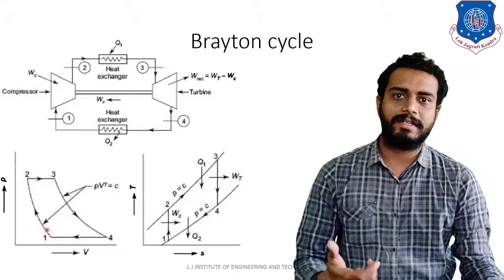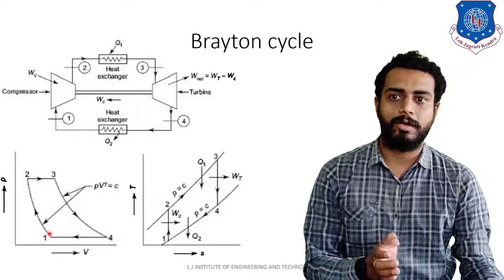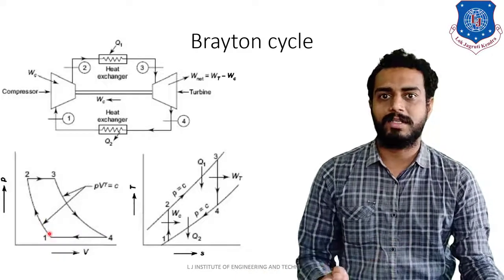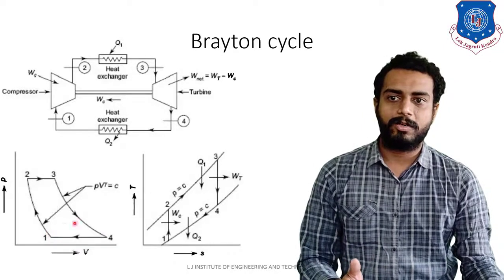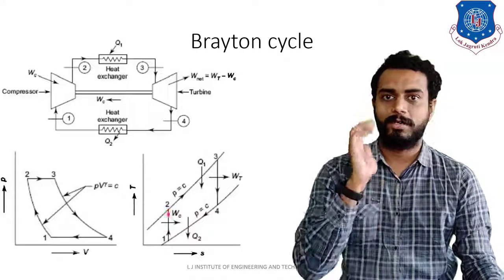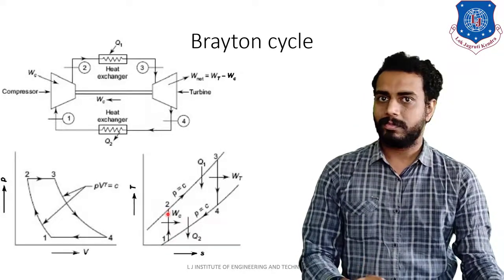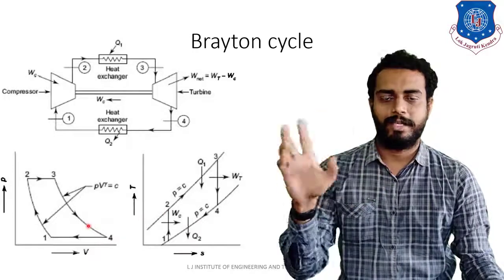Obviously compression is there, that means a reversible adiabatic compression process will occur, or isentropic compression. Since it is isentropic, the entropy will remain constant. Observe 1 to 2 on the TS diagram also, the entropy remains constant. Clear? Two names are there, reversible adiabatic compression or isentropic compression.